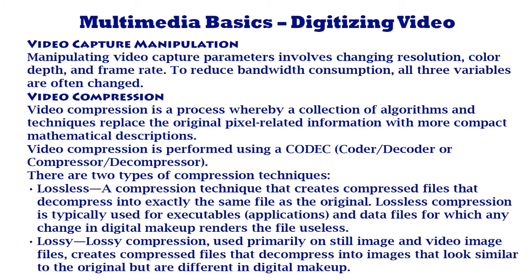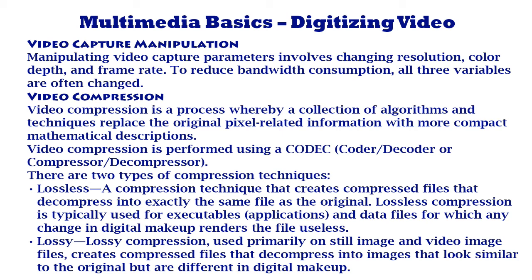And second is lossy. Lossy compression is used primarily on still image and video image files, and creates compressed files that decompress into images that look similar to the original but are different in digital makeup.